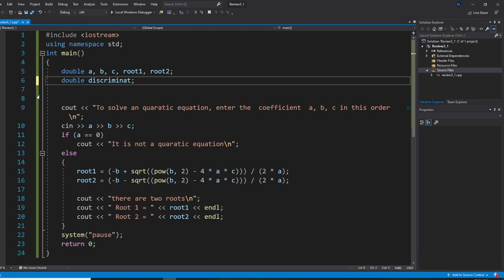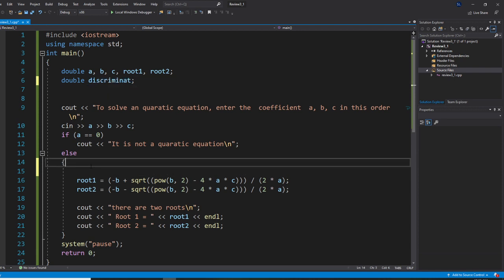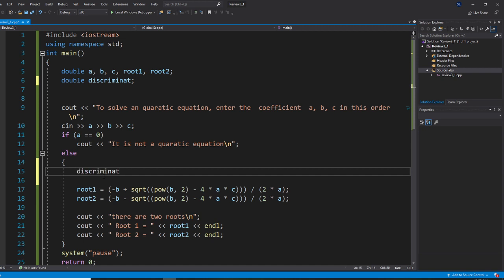All right, so we are going to make this a little more like your pre-algebra or high school math right now. So if I use an else here, then I need to do this. My discriminant will be equal to b squared minus 4ac.